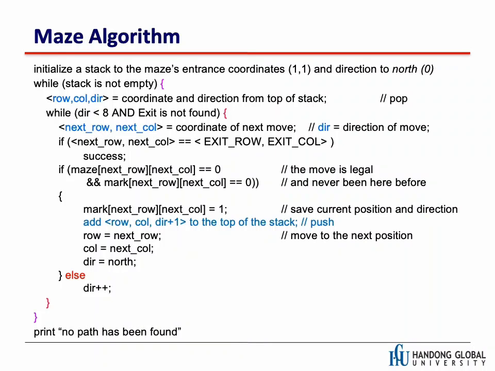This is the algorithm of the maze problem, and it is very close to the implementation. So instead of having some lines, if we use pop and push, then it is almost the implementation.